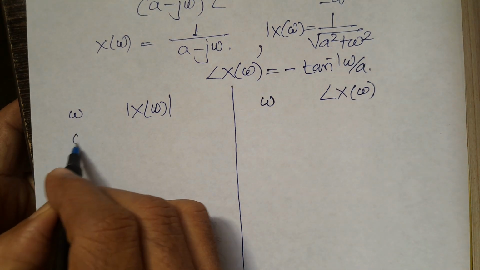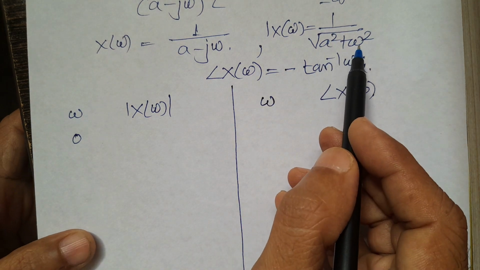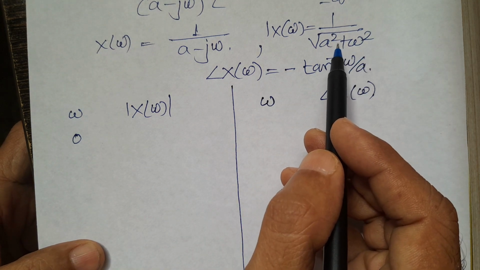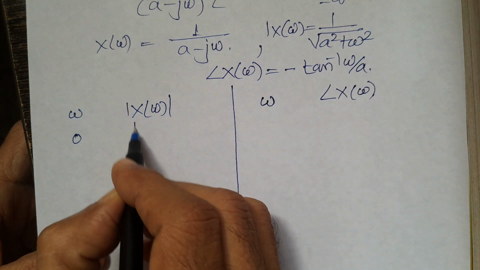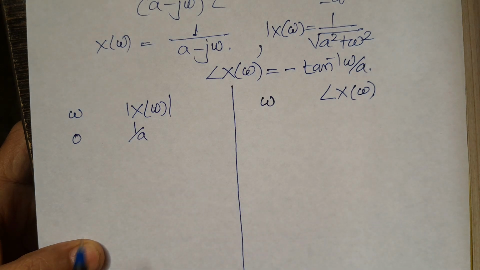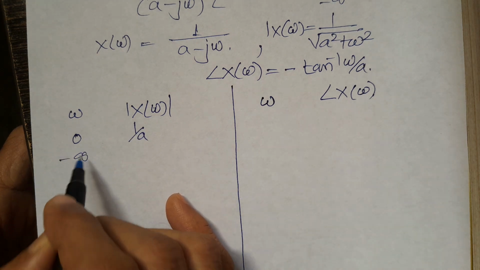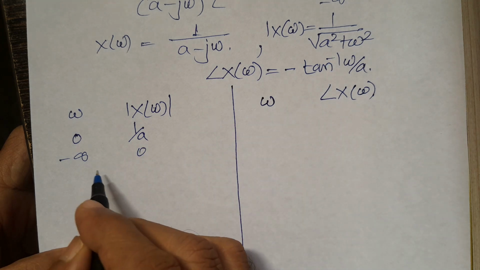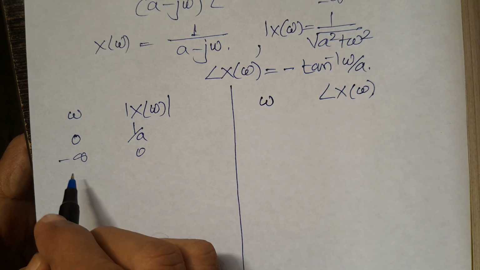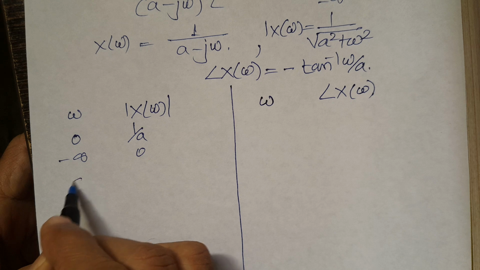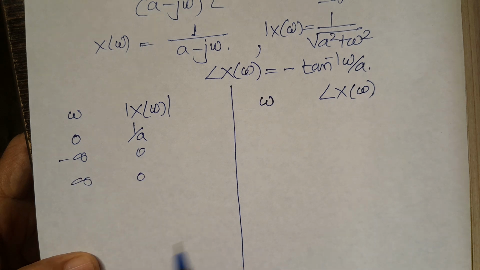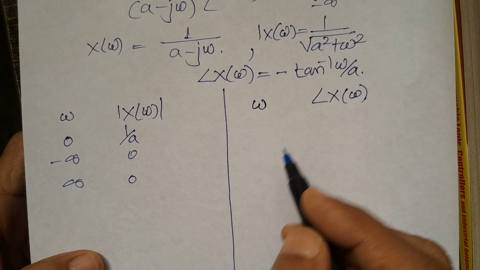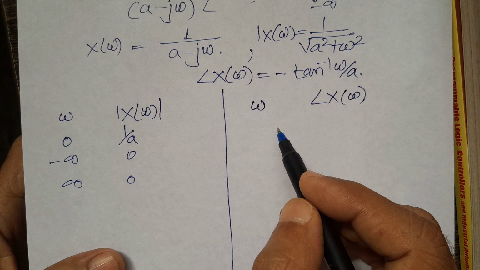When frequency is 0, we get 1 over a. When omega is minus infinity, the magnitude is 0, and when omega is infinity, the magnitude is again 0. Similarly, different frequencies give different angles.